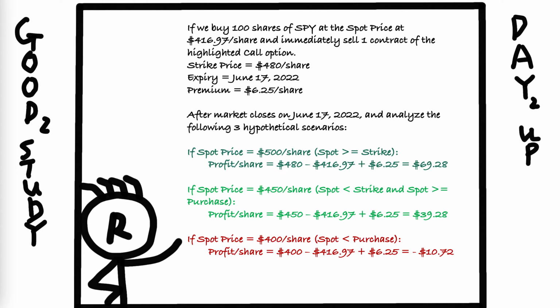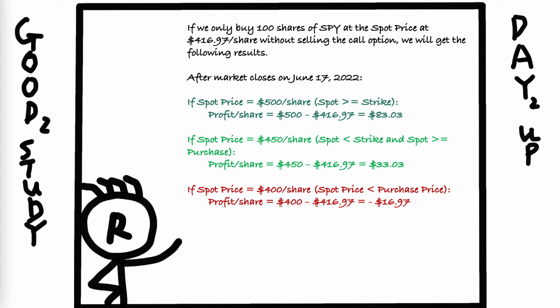Your profit per share is equal to $39.28. If spot price is equal to $400, that's when spot price is less than purchase price. Your profit or loss per share is negative $10.72.